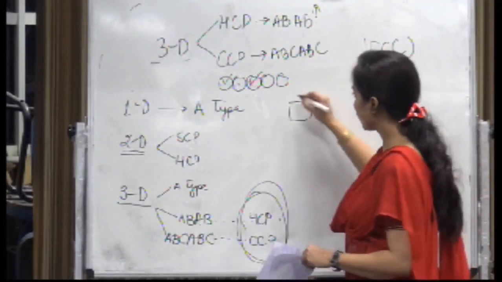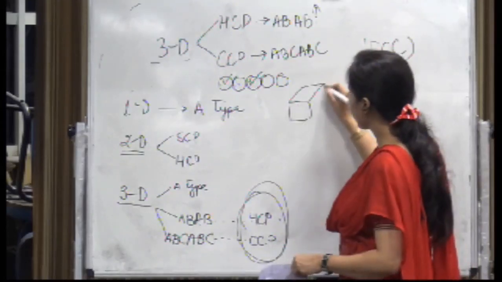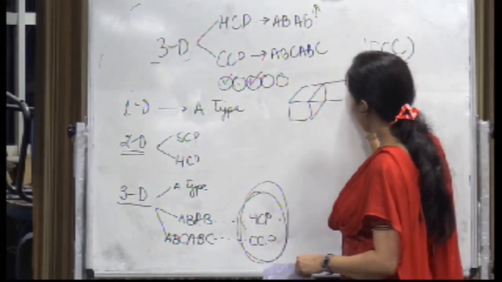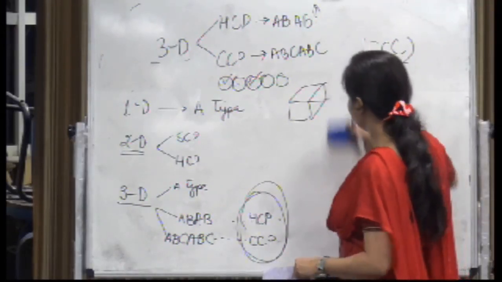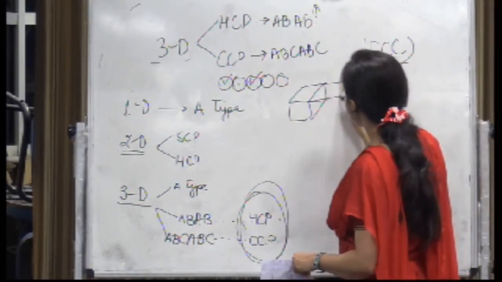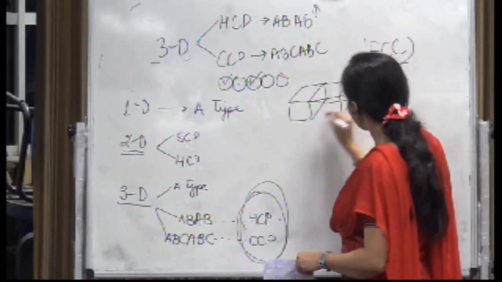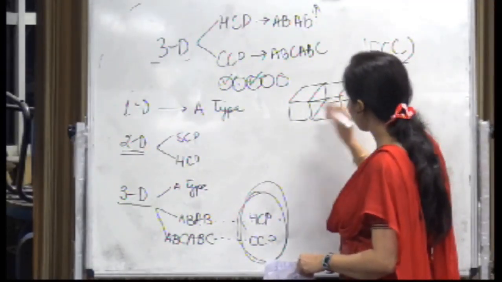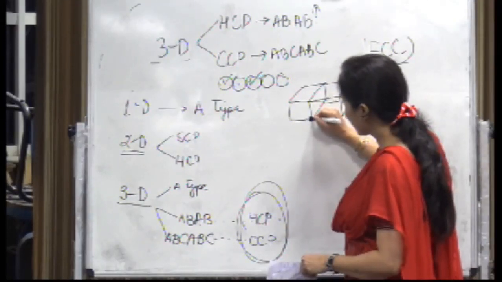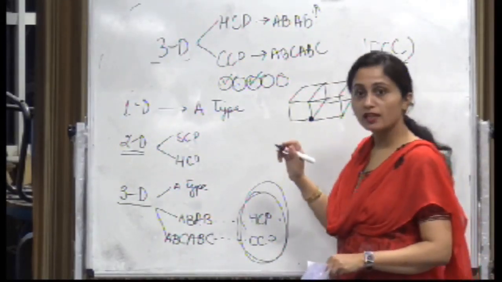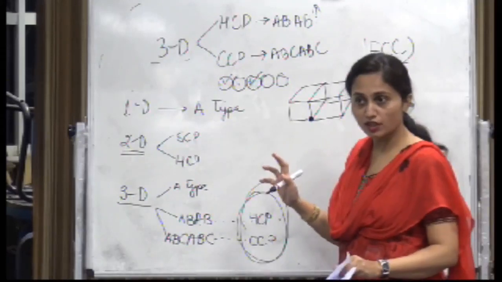Another thing, if somebody has asked for the FCC kind of an arrangement, an FCC kind of an arrangement will be, you have this, now that's fine. Alright, now if I talk about any particular atom like this, ठीक है, अब इस atom को कितने atom surround कर रहे हैं ये check करना पड़ेगा.